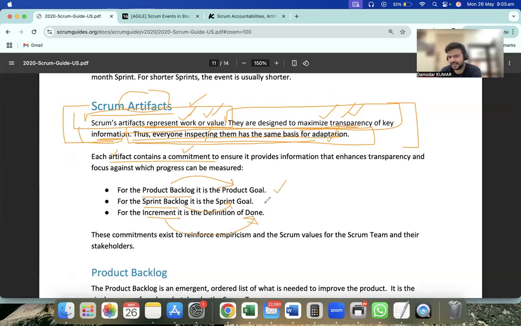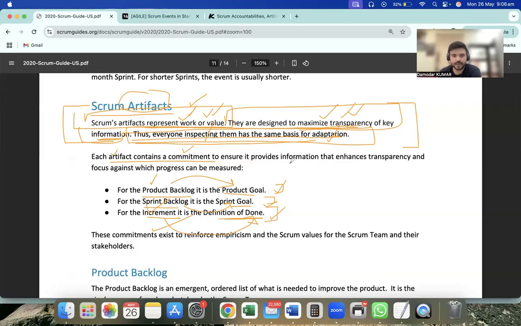These came before, and whenever the definition of done used to come, I used to skip it, but now we will be talking in detail. Remember, these are the three artifacts and their commitments.